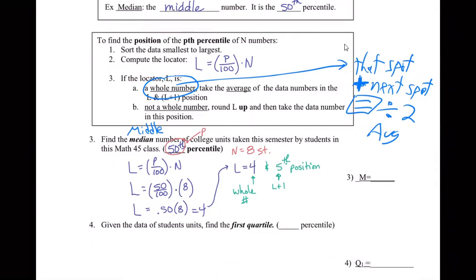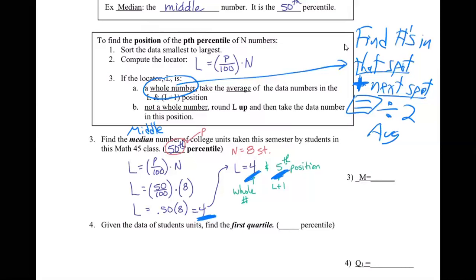And that's what she did right here. She was about to. Looks like she didn't quite finish. So L came out to be 4. So we have to find the 4th and the 5th numbers in the data list, find the numbers in that spot plus the next spot, hit equals and divide by 2.